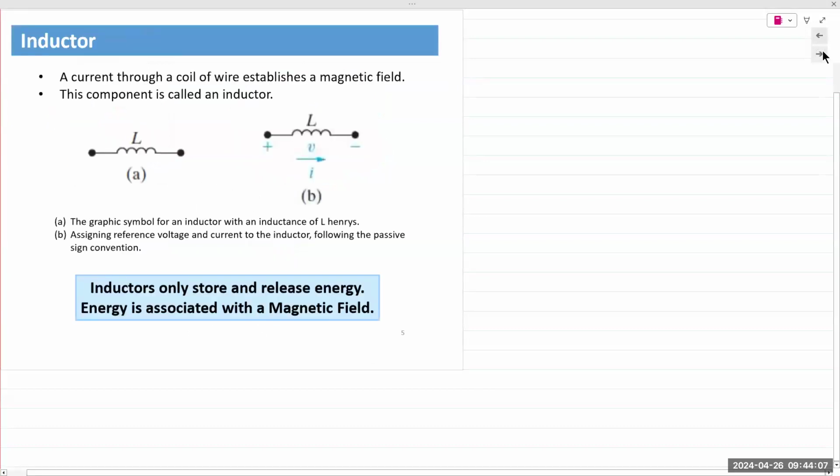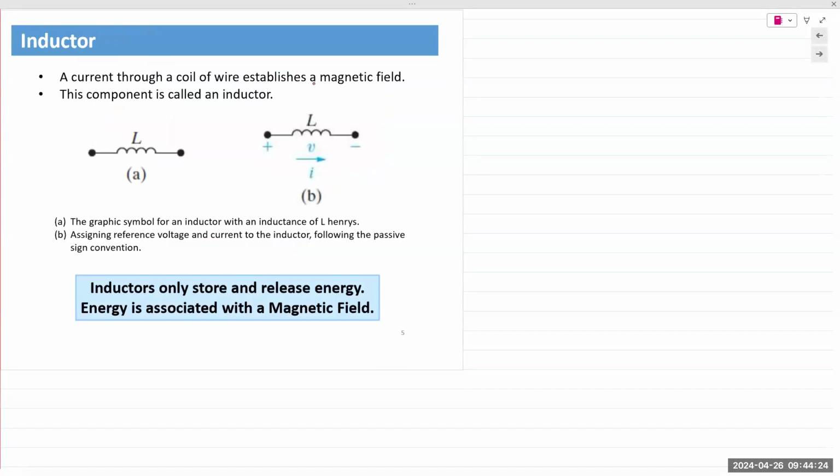So from there, we establish the principle of inductance. A current through a coil establishes a magnetic field. That component that is wound as a coil is referred to as an inductor, and the phenomenon is known as inductance.